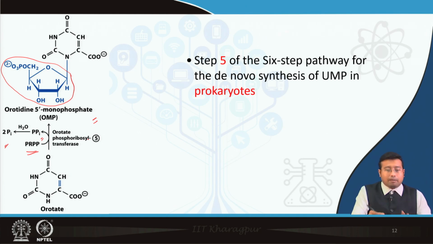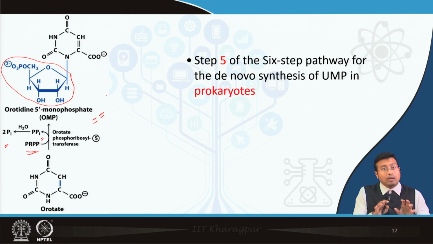Next, what happened? We got OMP, orotidine monophosphate, meaning we got a ring and a phosphate group, so what else is left? The main thing is OMP is not a familiar pyrimidine. What are the familiar pyrimidines? Cytidine, uridine and thymidine.